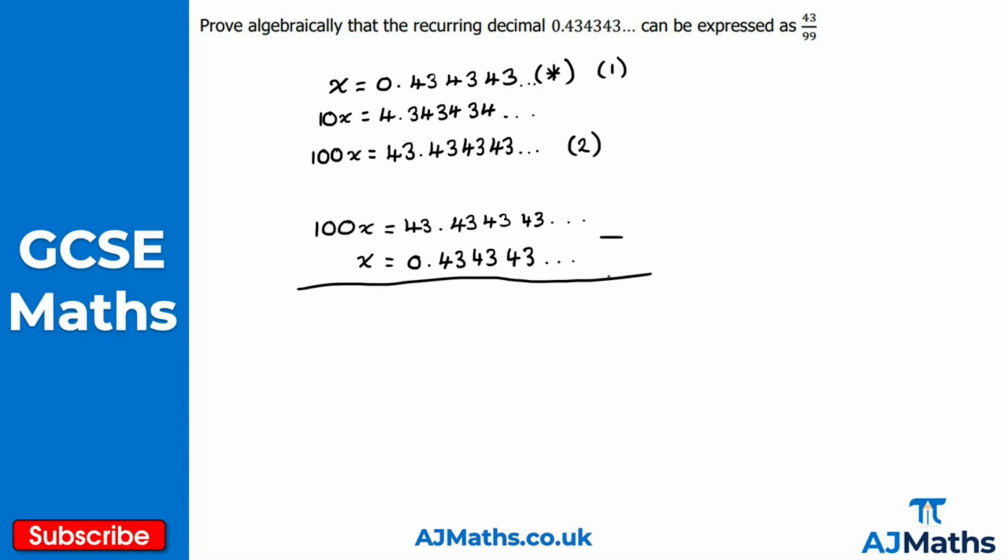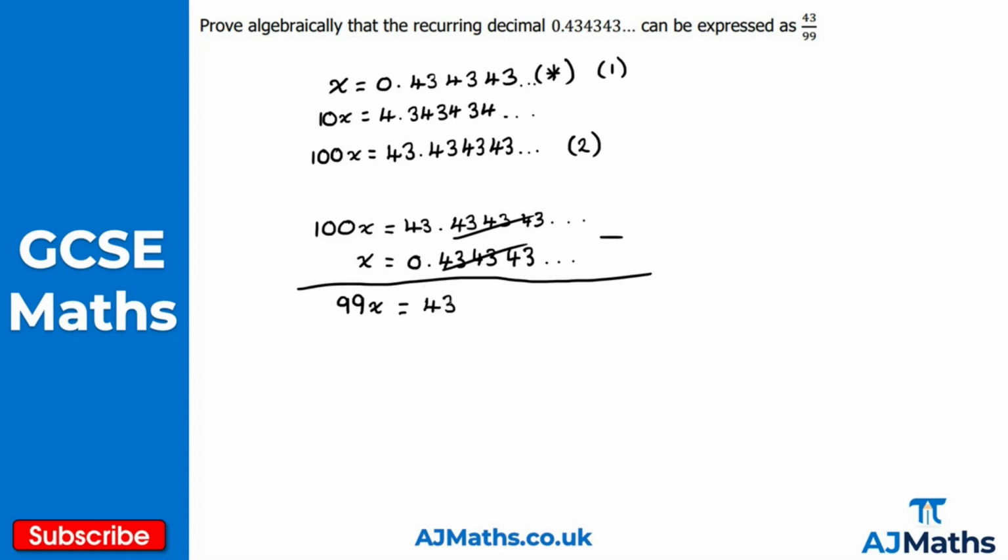Again, this should hopefully be getting pretty standard at this point now. Just doing the subtraction. On the left hand side, 100x minus x, that would give me 99x. And on the right hand side here, everything after the decimal points will cancel, and I'll get left with 43 minus 0, which is just 43.